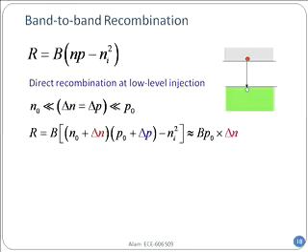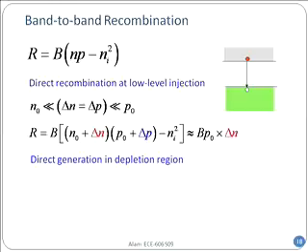What is tau direct? By the way, tau direct is the rate. So this first term, B multiplied by p naught, is the rate or time constant with which the extra electrons and holes will disappear. You see it has the number of holes, because if you have more holes, of course, that allows you to recombine faster.